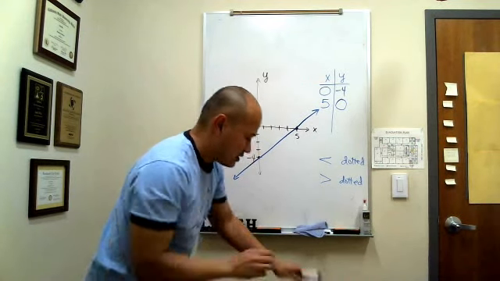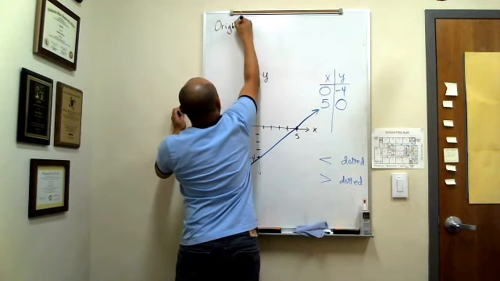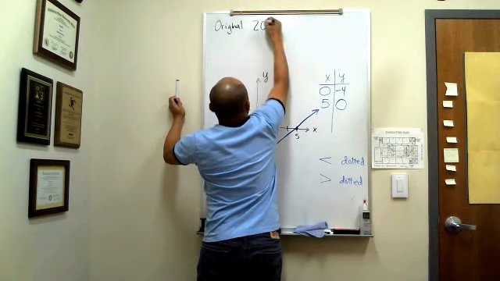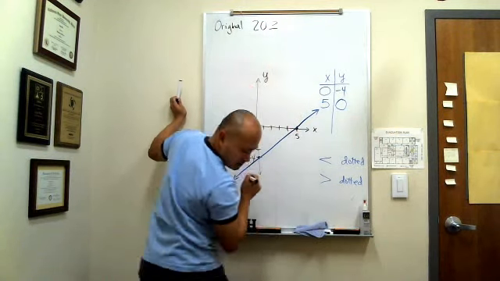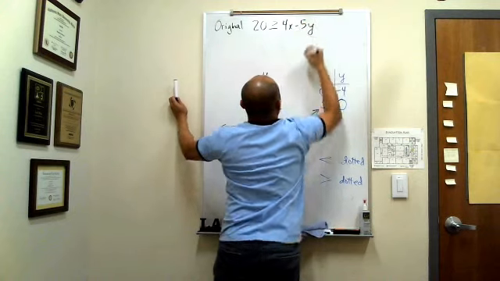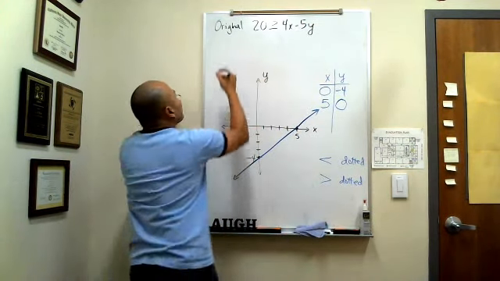Your original inequality is 20 greater than or equal to 4x minus 5y. What you're now going to do is choose a test point.